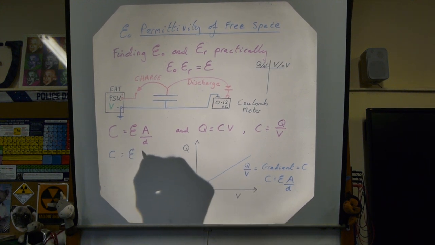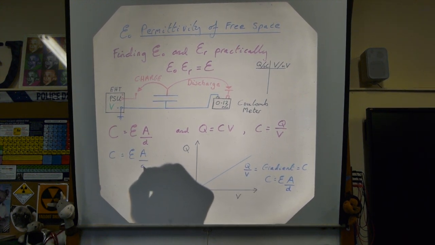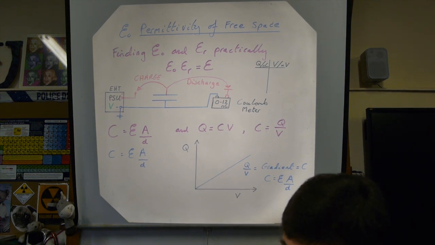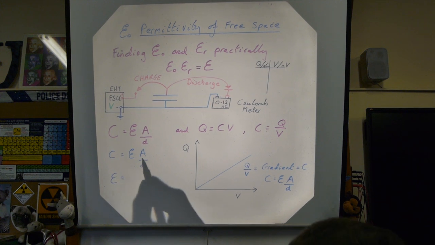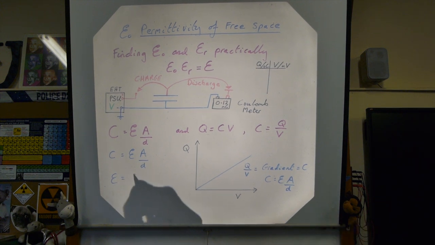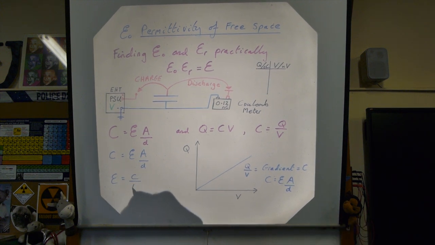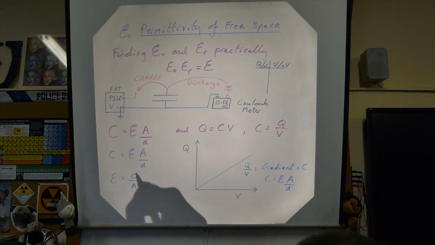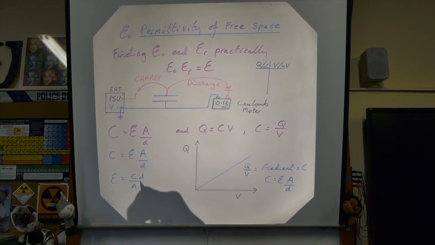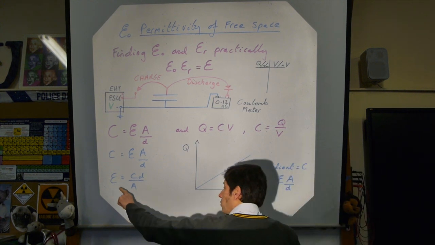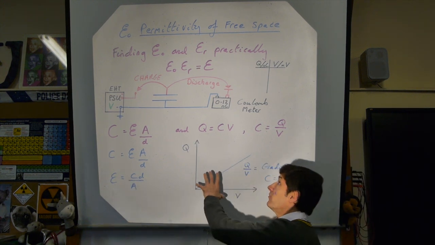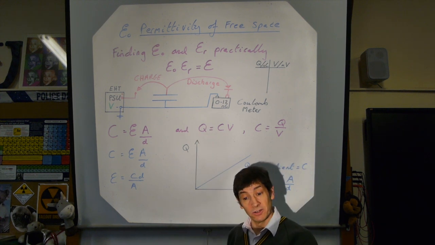If C, the gradient, is epsilon A upon D, then we can rearrange this for epsilon. A comes underneath, so C over A, and then the D is a multiplier. So there we go. That's a way that we can work out epsilon from our experiment and from our graph.